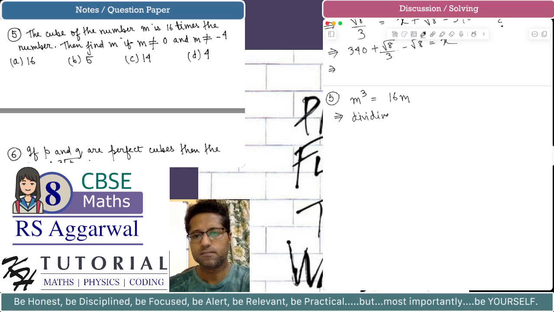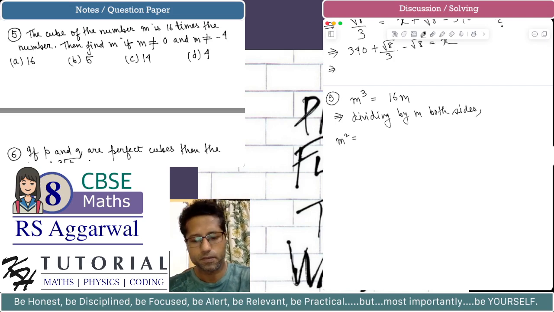Dividing by m both sides, we get m cube by m equals to 16m by m, and this implies m cube by m is equal to m square.